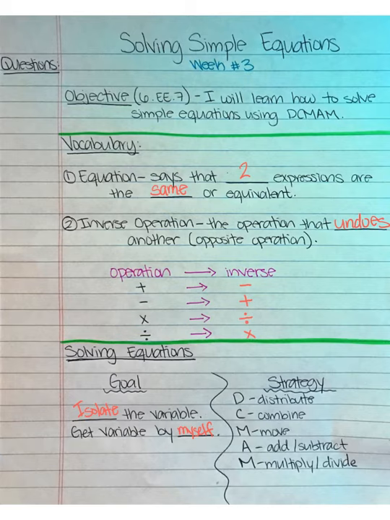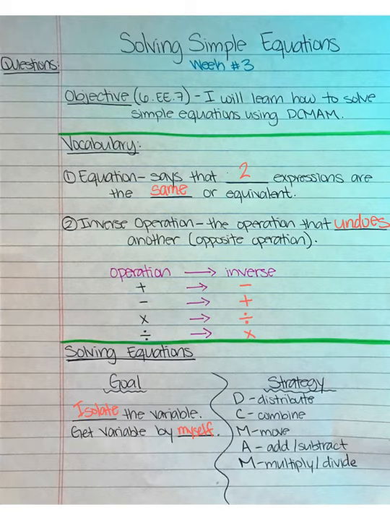The strategy that we're going to be using to solve equations is called DC-MAM, D-C-M-A-M. The D in DC-MAM stands for distribute, the C stands for combine, the M stands for move, the A stands for add and subtract, and the last M stands for multiply or divide. The good thing about all of this is we're actually not going to go through the first half of DC-MAM.